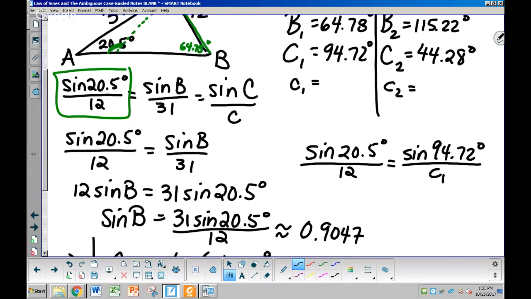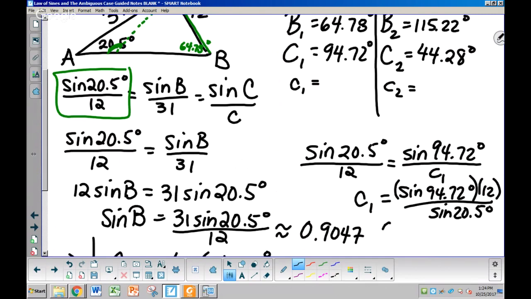So we could just say c1 equals these two multiplied, divided by... I've got to write this down for future. This is times 12, divided by sine of 20.5. And what do you get? 34.15. Now, based on my picture, do I expect little side C2 to be bigger or smaller?